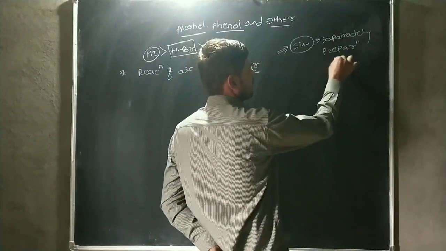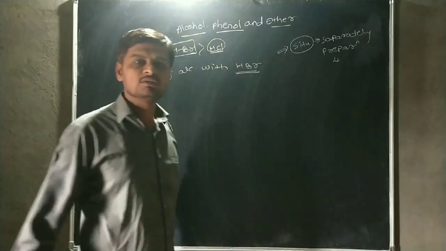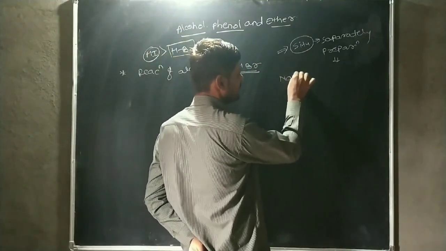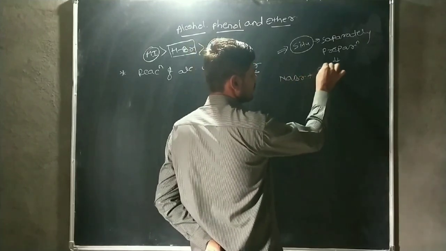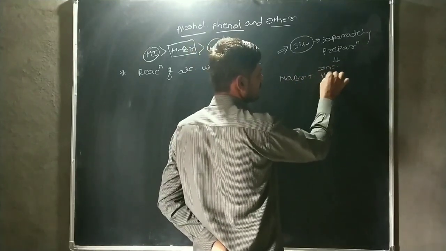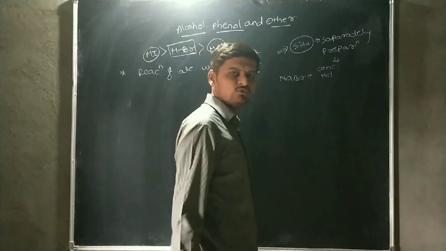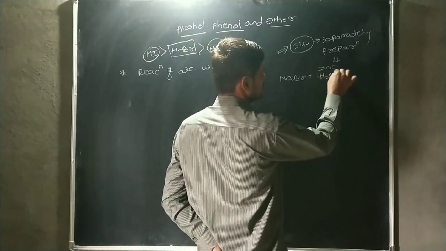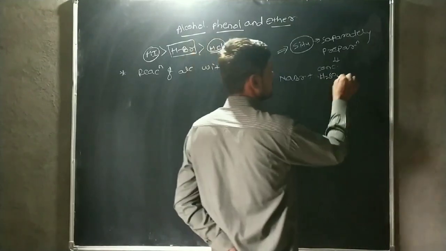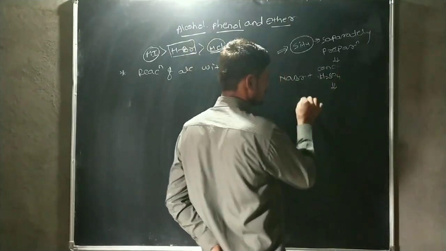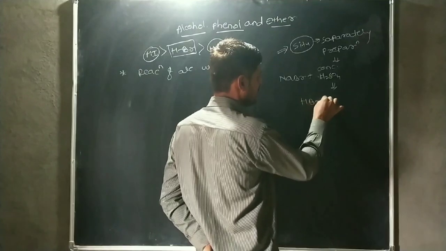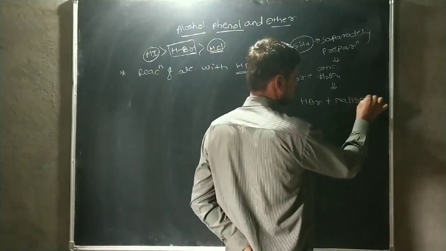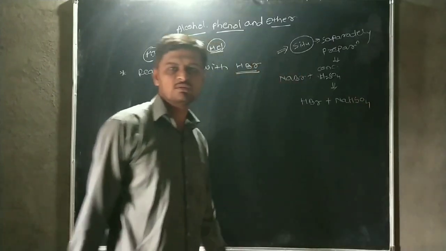How is HBr prepared? HBr is prepared by mixing NaBr plus concentrated HCl, or instead of HCl we can also use concentrated H2SO4. Here we write concentrated H2SO4, then it forms HBr plus NaHSO4, sodium hydrogen sulfate.